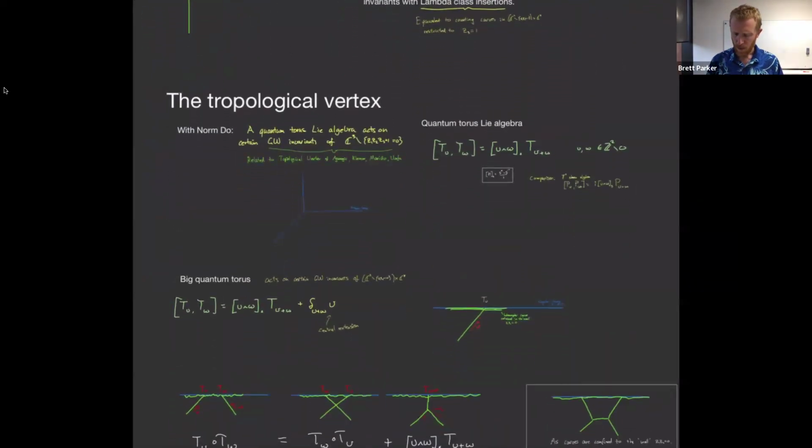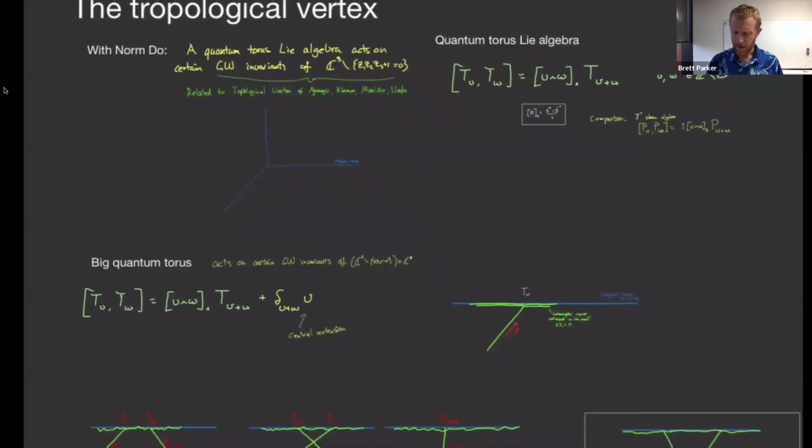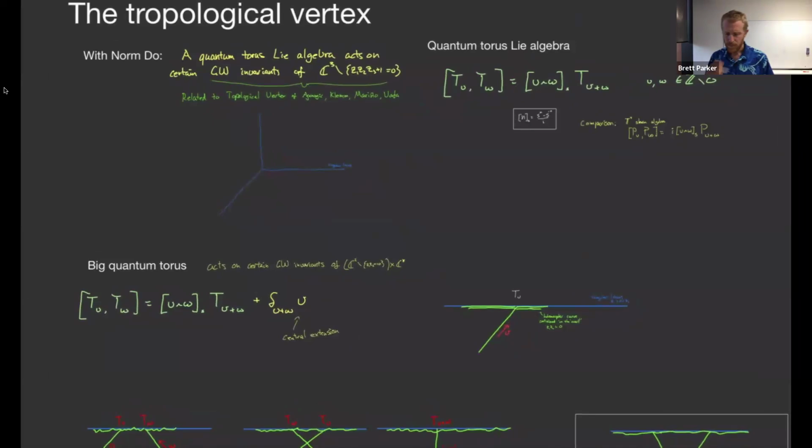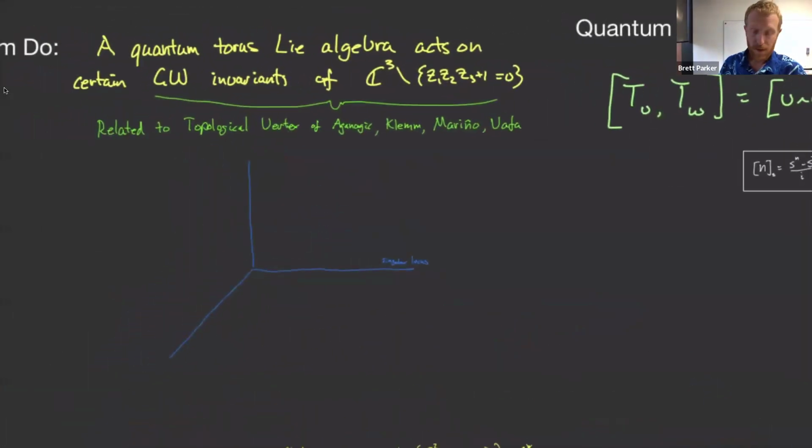Now I want to talk about the three-dimensional situation where I can take C3 minus this divisor, which is very similar to the one that we looked at.